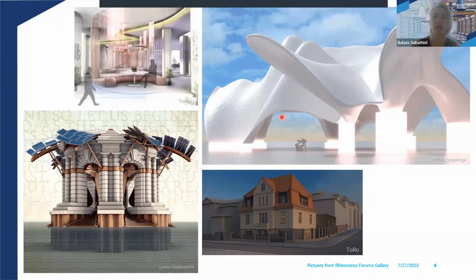And Rhino actually has a lot more possibilities. So all of these images are things that people created in Rhino. And you can find many other examples in the gallery forum of the website. I will show you soon.